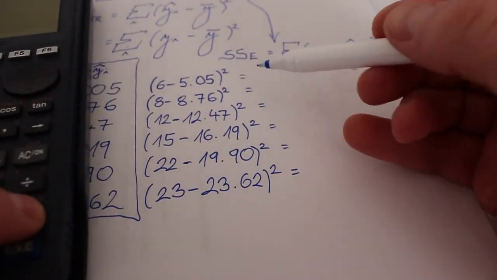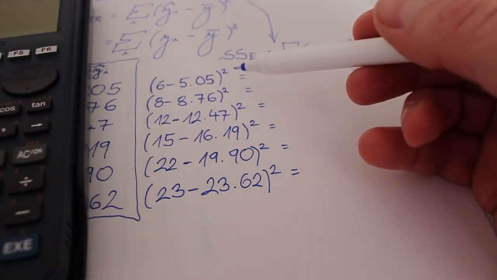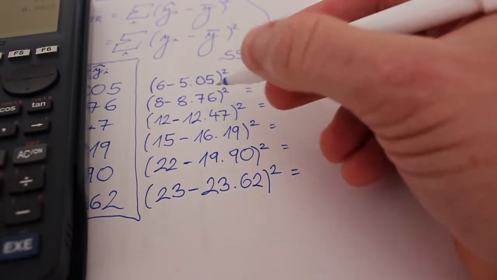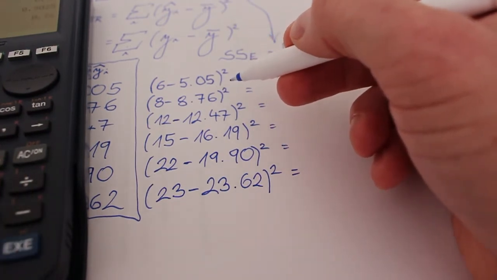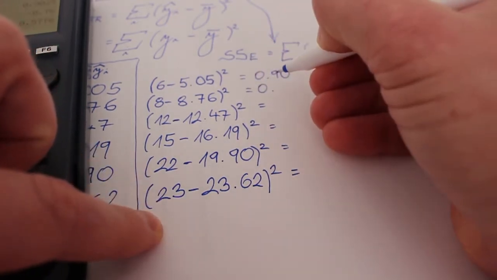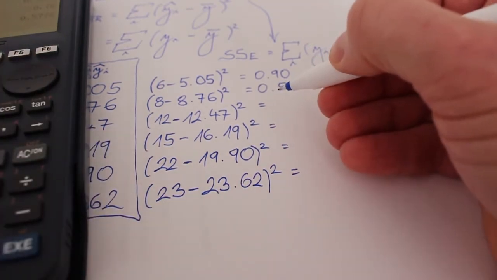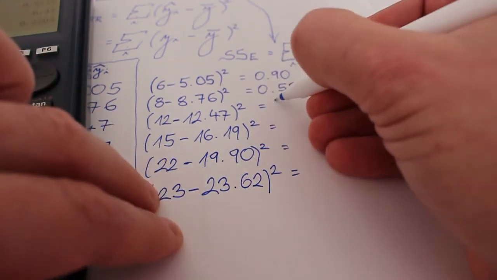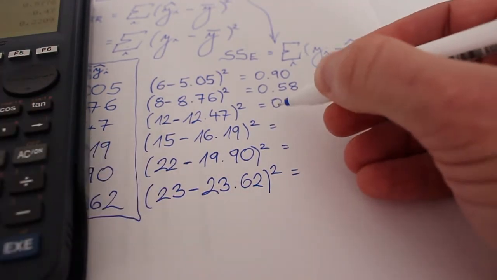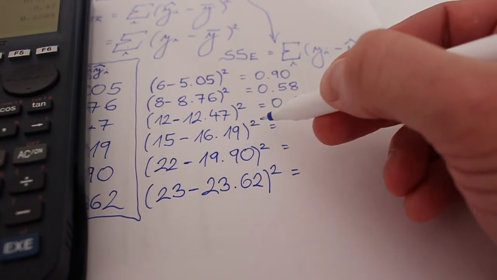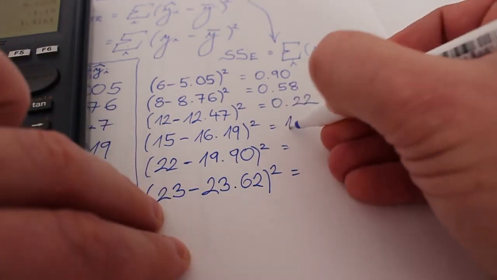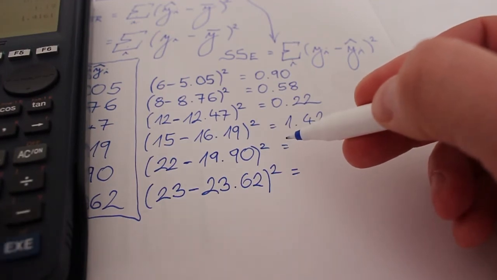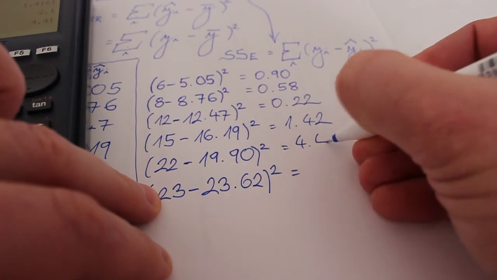So wait a second. 6 minus 5.05 squared is 0.90. 8 minus 8.76 squared is 0.58. 12 minus 12.47 squared is 0.22. 15 minus 16.19 squared is 1.42. 22 minus 19.90 squared is 4.41.